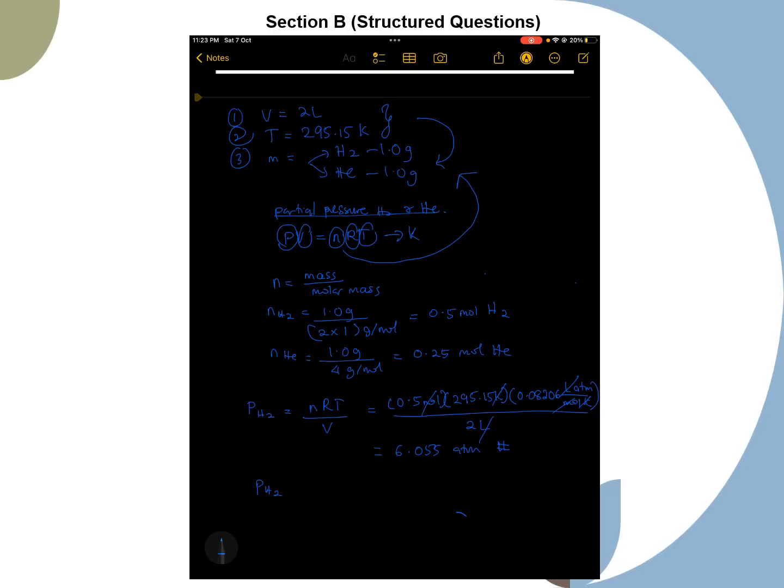For the helium, also the same step. Just substitute the value. For n, you need to use the n for helium itself, 0.25 mole, times the temperature in Kelvin, times the R value, and the unit, and then divide with the volume.